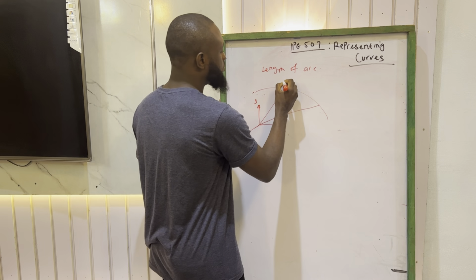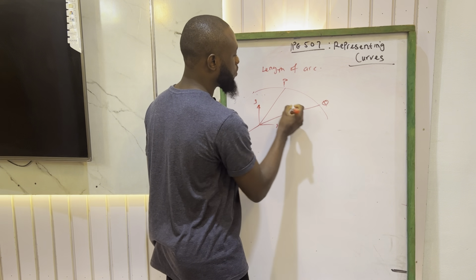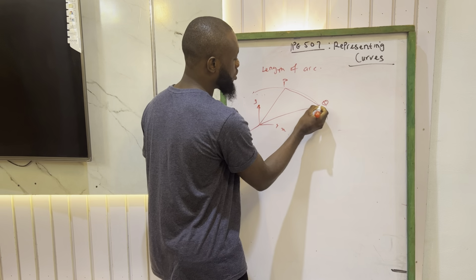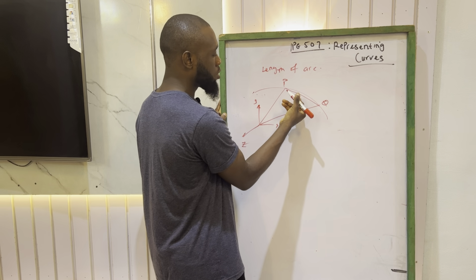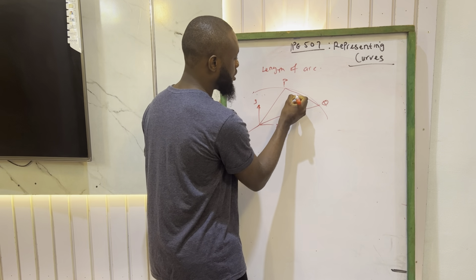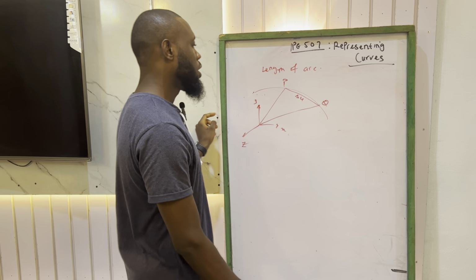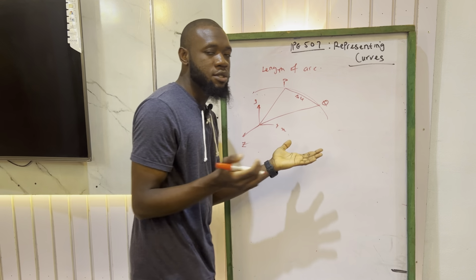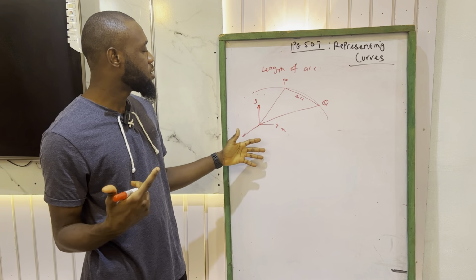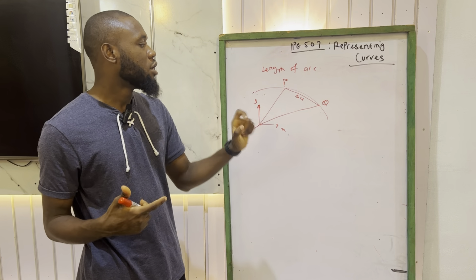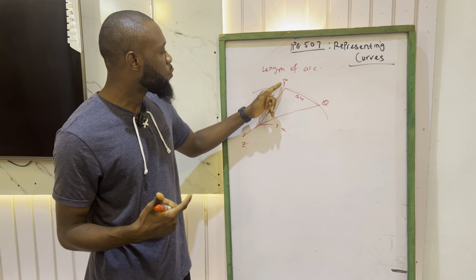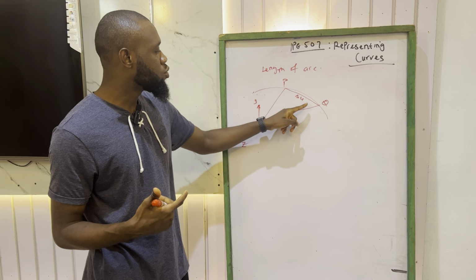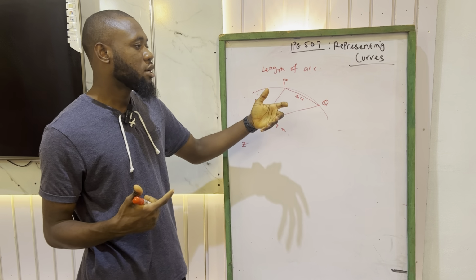Then let's say we have this point P and this point Q, and the distance between the two points, being the chord, is delta u. When you say parametric, that means you're expressing the curve in the form of a parameter. So for this curve, we have point P, we have point Q, and the distance between them is a form of the parameter.